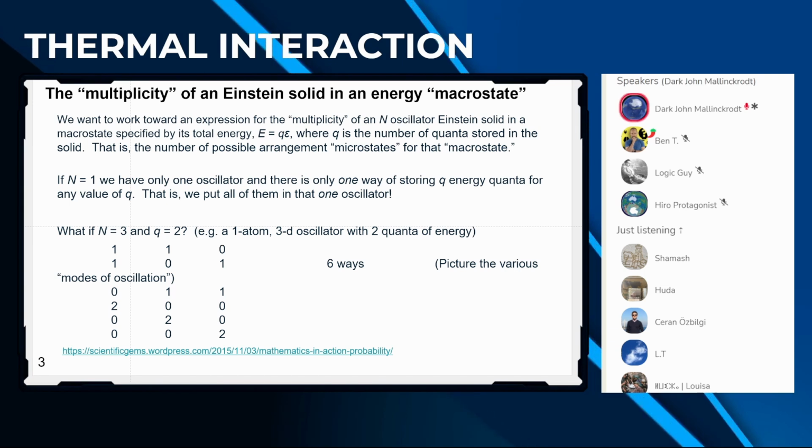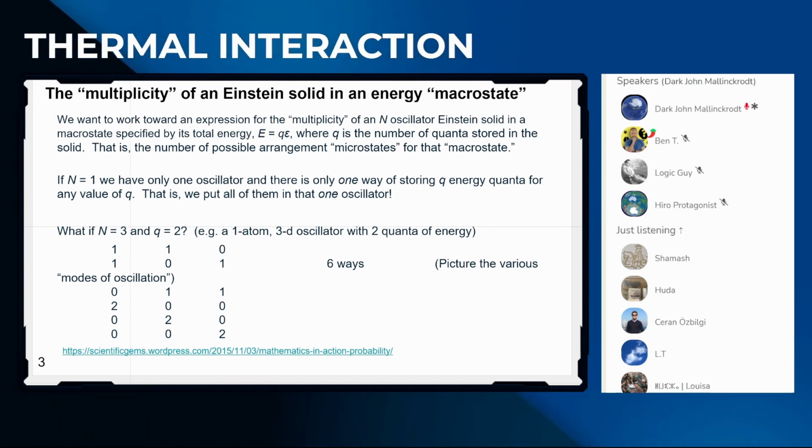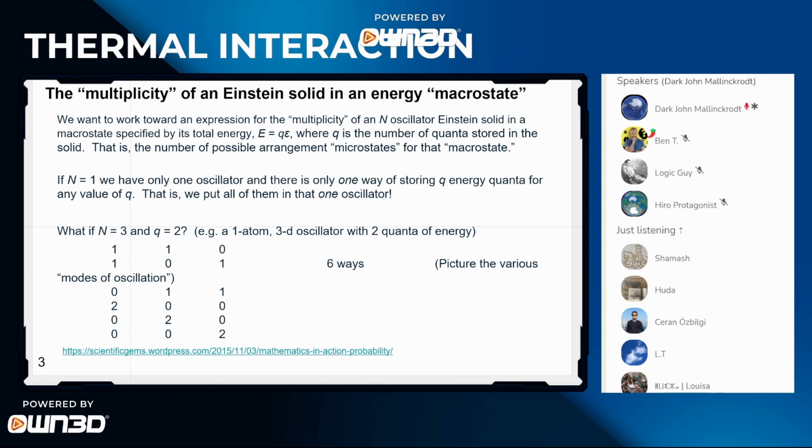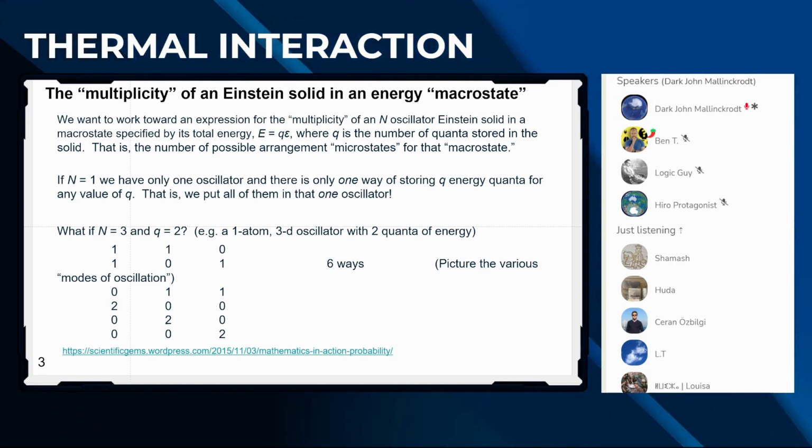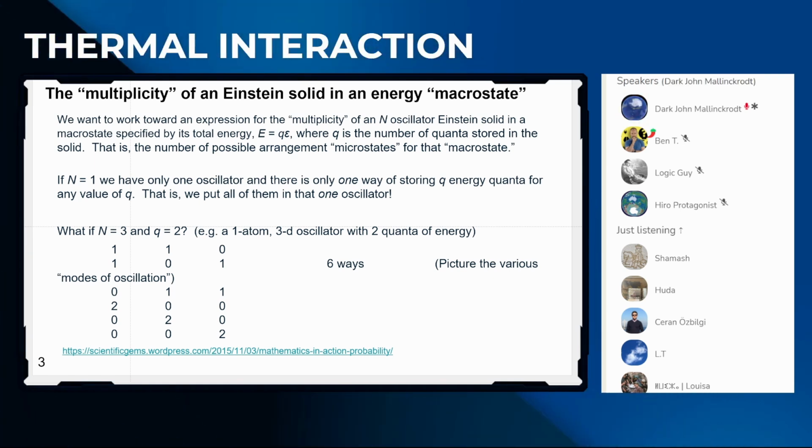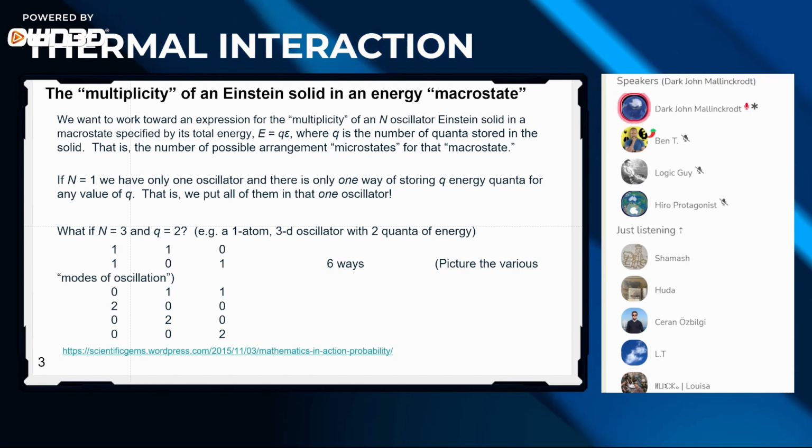Because as we talked about last time, that multiplicity of states is what we mean by the entropy, the number of ways that something in a given macroscopic observable state can be in that macroscopic state. So we want to work toward an expression for the multiplicity of an N-oscillator Einstein solid in a macrostate that's specified by its total energy.